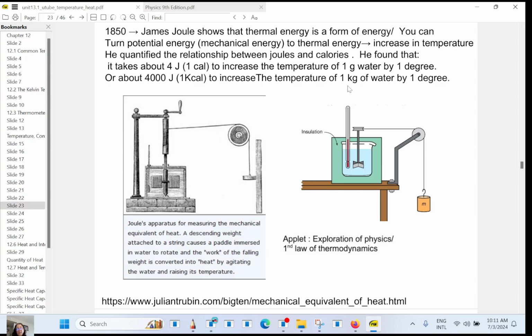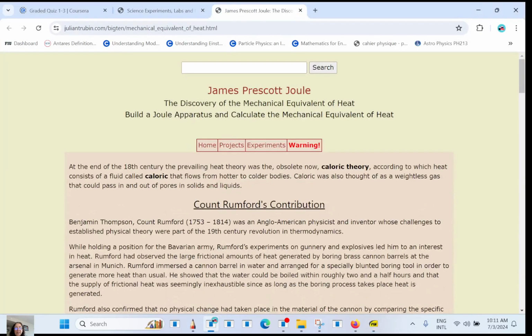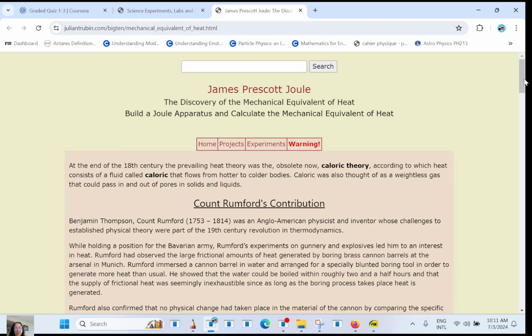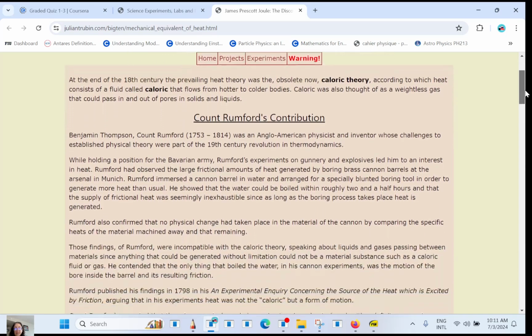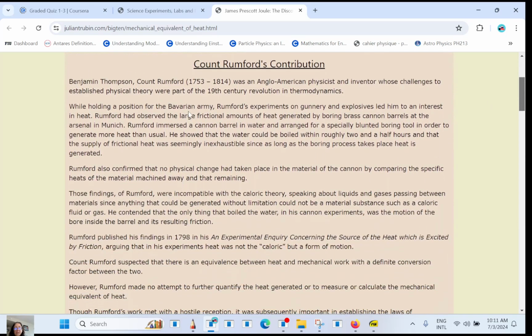Okay, so here you have a link, and you can dig into that experiment that Joule did. You see that website here. They talk about Count Rumford. He was working for the army in what is now Germany.